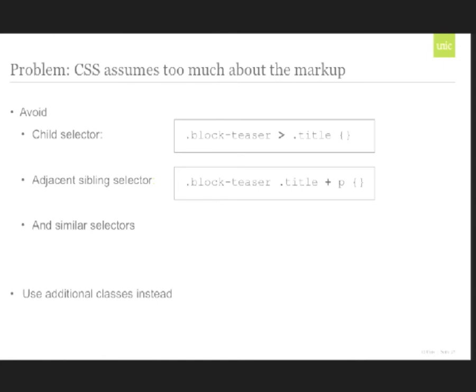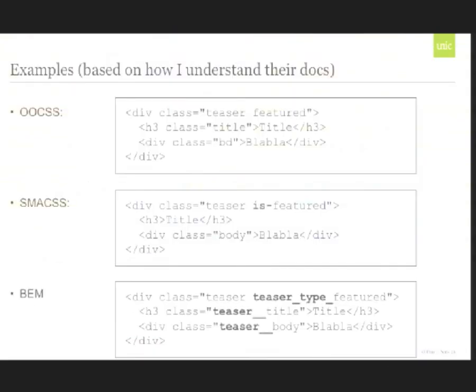So this is actually slower than if you just use a class directly. Just matching title is faster than matching this whole selector, since when you match this, you have to go further up the DOM tree to see whether this applies. So if we go back to this approach, using those prefixed classes directly is actually faster in terms of selector matching.